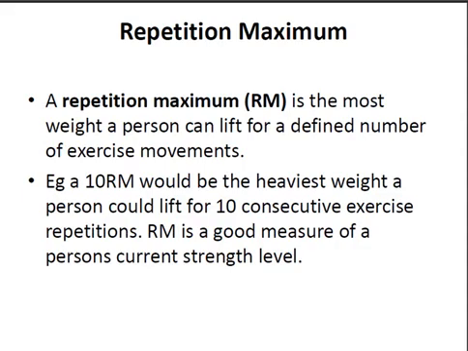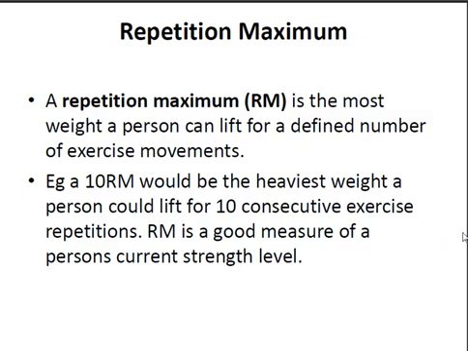A repetition maximum is the most weight a person can lift for a defined number of exercise movements. For example, 10 repetition maximum would be the heaviest weight a person can lift for 10 consecutive repetitions.